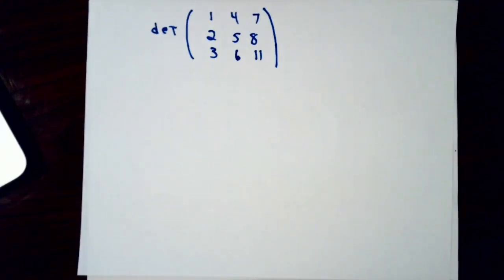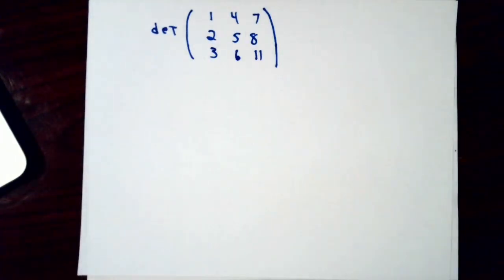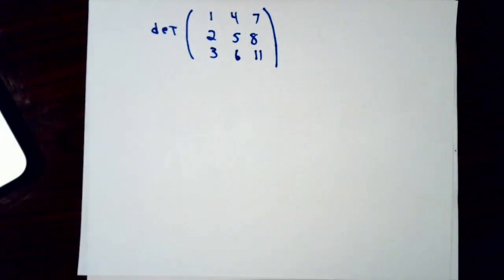As an example of this sort of thing, let's calculate the determinant of this 3 by 3 matrix. I'm going to go across the top row, encountering the numbers 1, 4, and 7, and for each one of those numbers, I'll think of taking out the row and column in the original matrix and then writing down a smaller determinant.